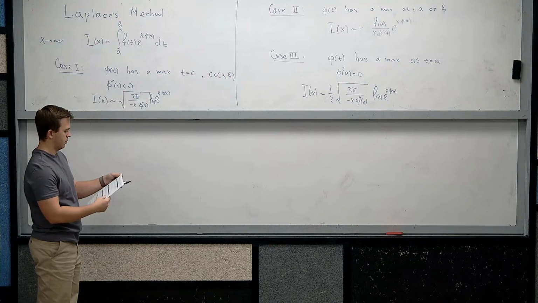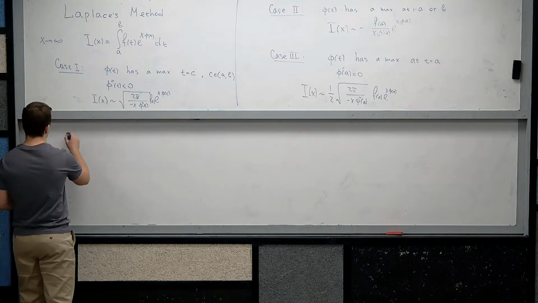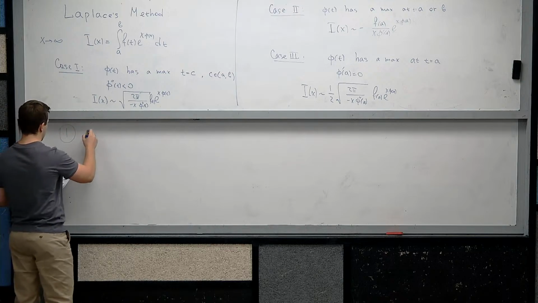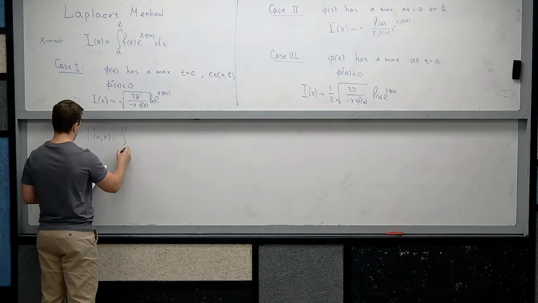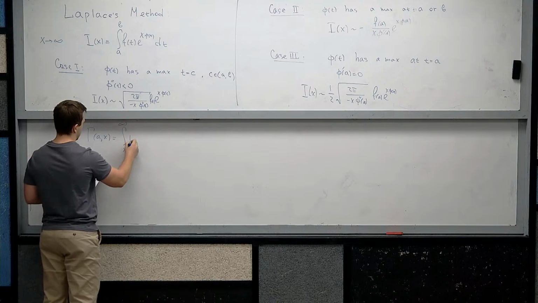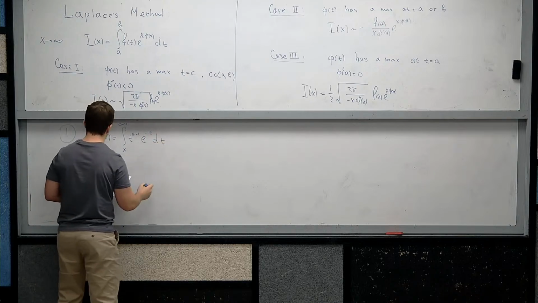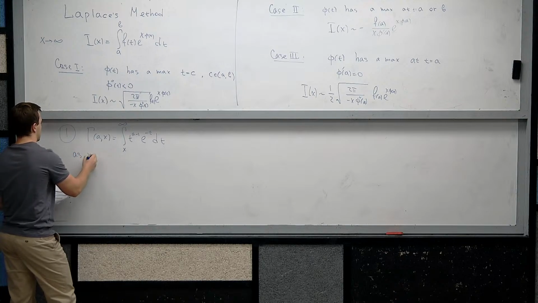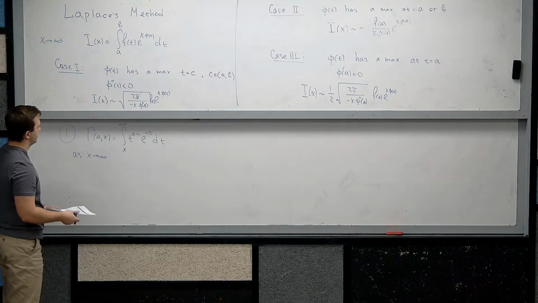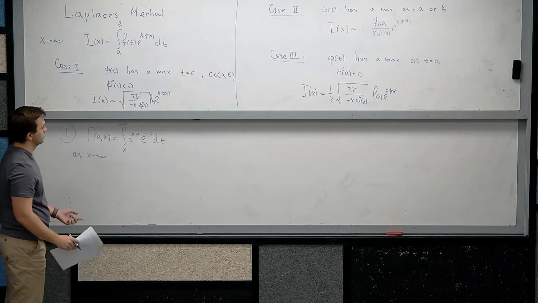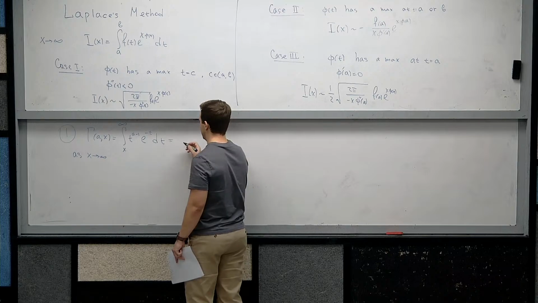So let's solve a couple of problems. The first one is the asymptotics for the incomplete gamma function, the integral from x to infinity of t^(a-1) e^(-t) dt, as x goes to infinity. Here we don't actually need to use the Laplace method because we can simply integrate by parts, right?